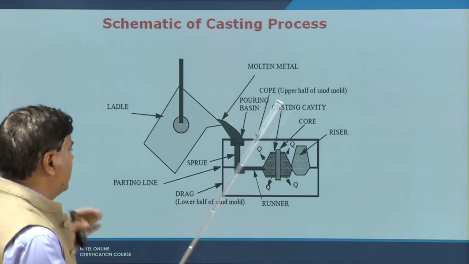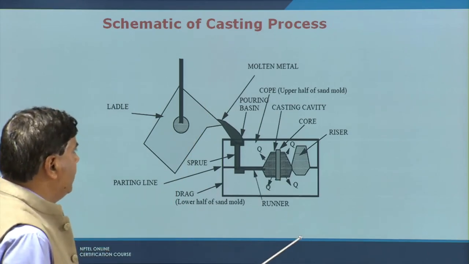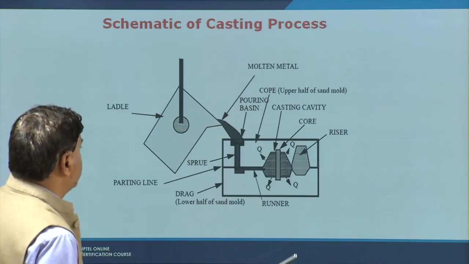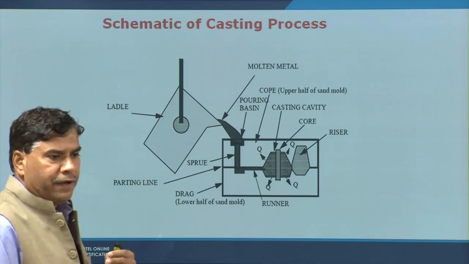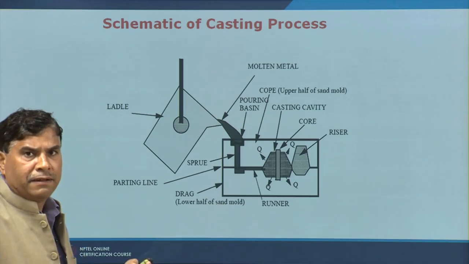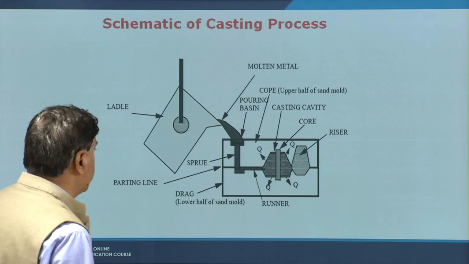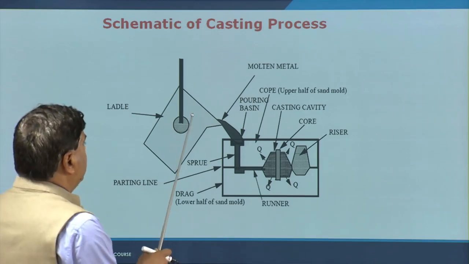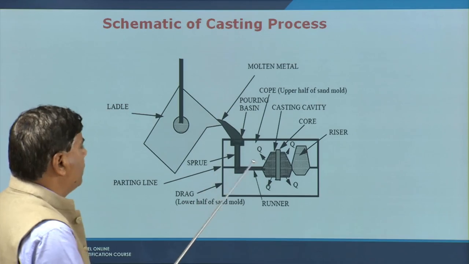This schematic, as a whole, shows the different components related with the casting process. Here this is the ladle which is used for transporting the liquid metal from the furnace to the mold location, and then the liquid metal from the ladle is fed into the pouring basin.